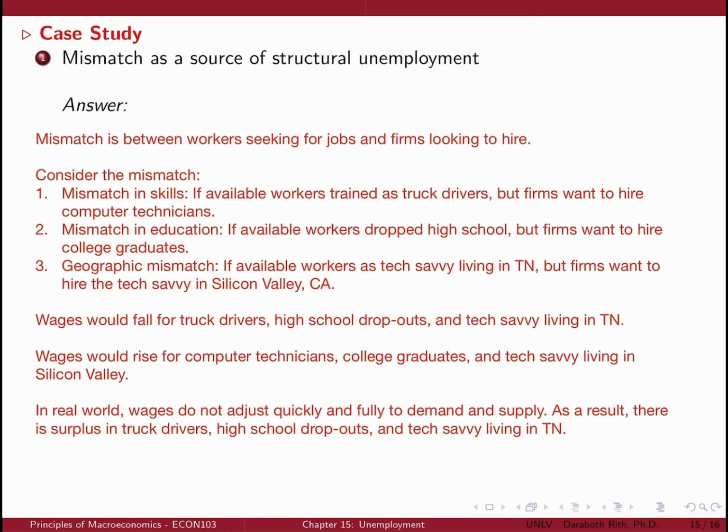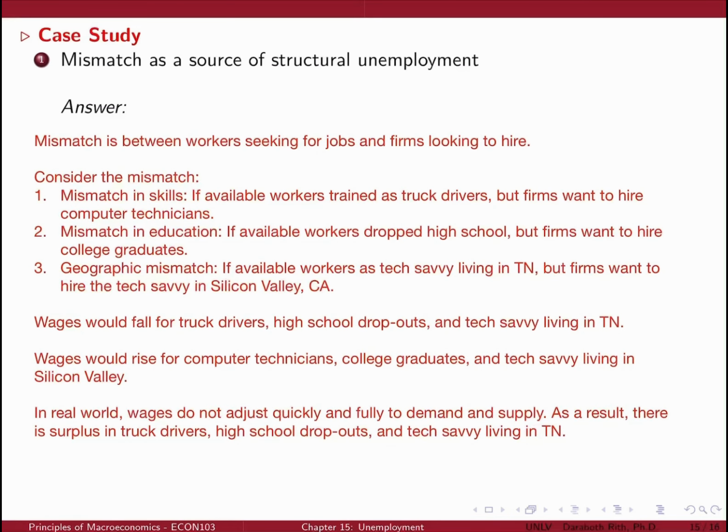Geographic mismatch. Consider workers who are tech-savvy and living in Tennessee, but firms are hiring tech-savvy individuals in Silicon Valley, California. This geographic mismatch means that while there may be skilled workers available, they are not in the locations where firms are hiring.